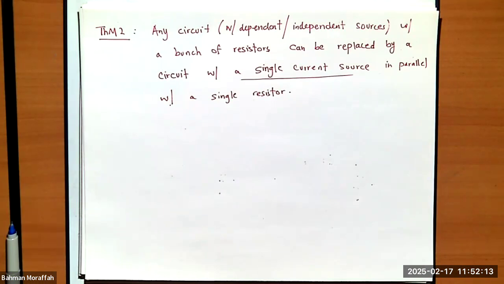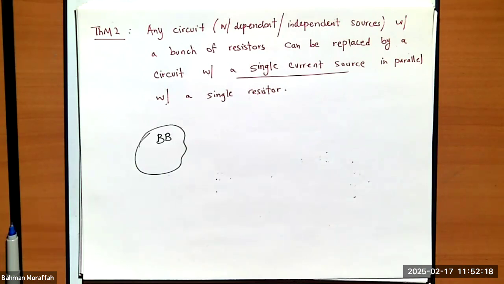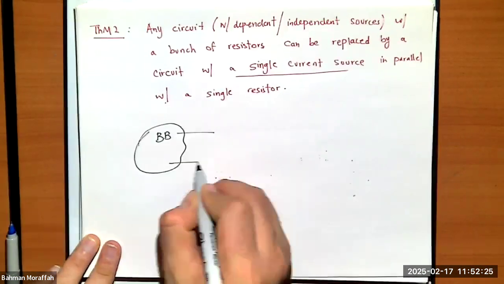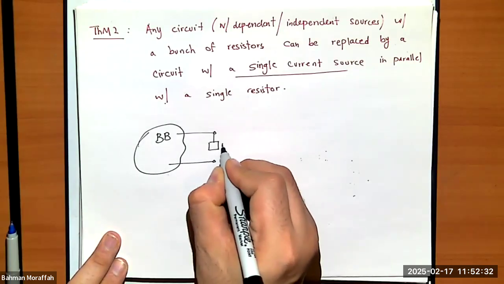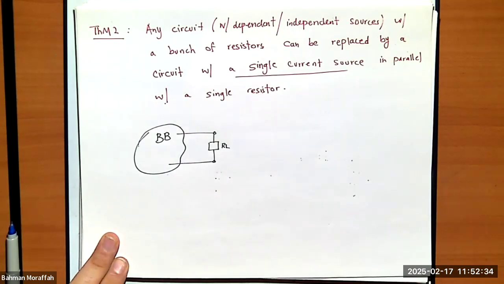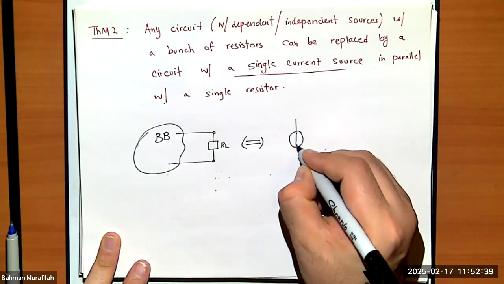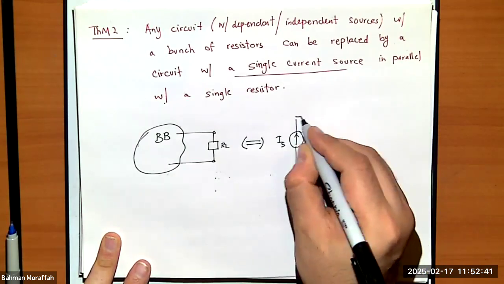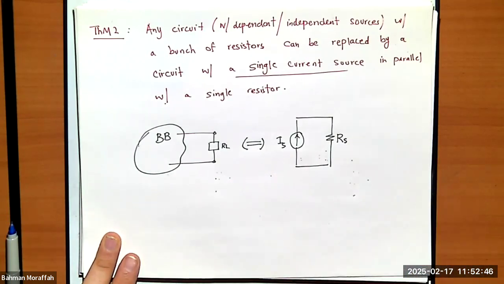Right? And pictorially, what it means is that I have this black box. It can have anything in it. I am not really interested in what's going on inside this black box. All I care about is what's happening outside this black box. Let's just say it's connected to RL. We can replace this black box by a current source with value IS, followed by a resistance in parallel with it.